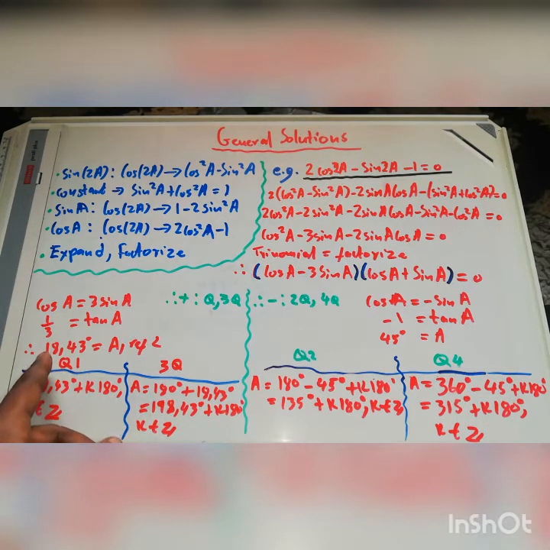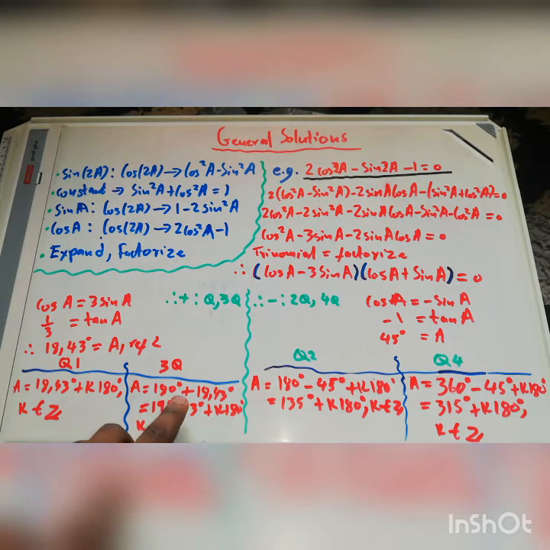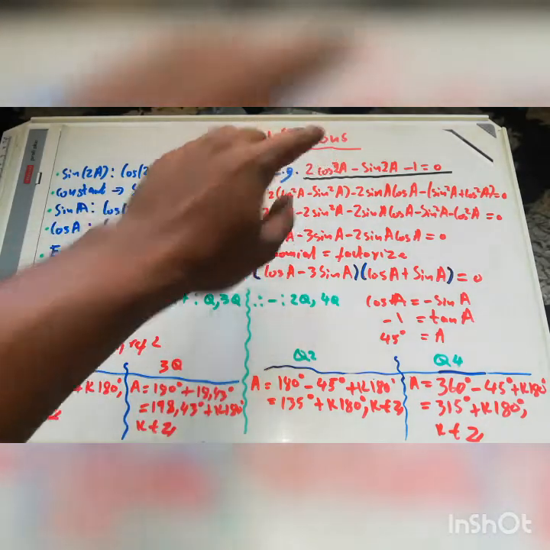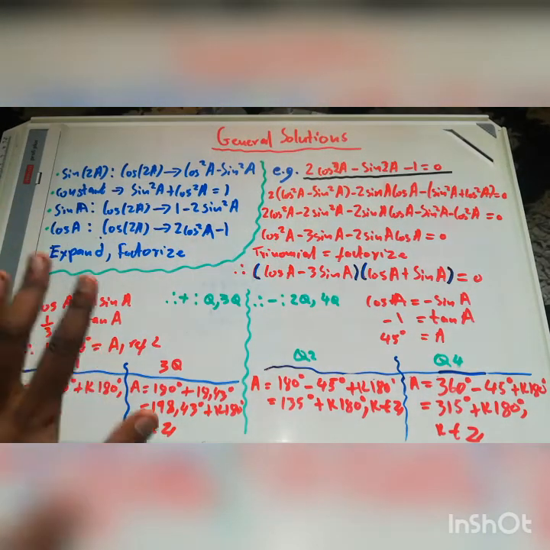My reference angle is what? Is 18.43 degrees. So it's 180 plus 18.43 degrees, which I get 198.43 degrees plus k 180 degrees, with k being the element of an integer.